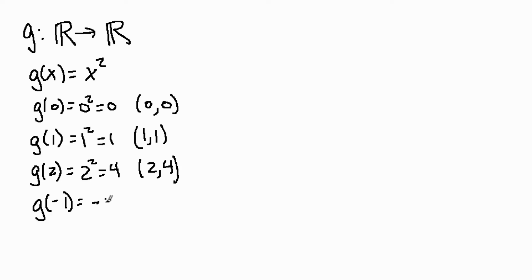Well, that's equal to minus 1 squared, which is equal to 1, which means that the point 1, minus 1, whoops, my mistake. That actually means that the point minus 1, 1 is on the graph. And we notice right away, look at this over here.